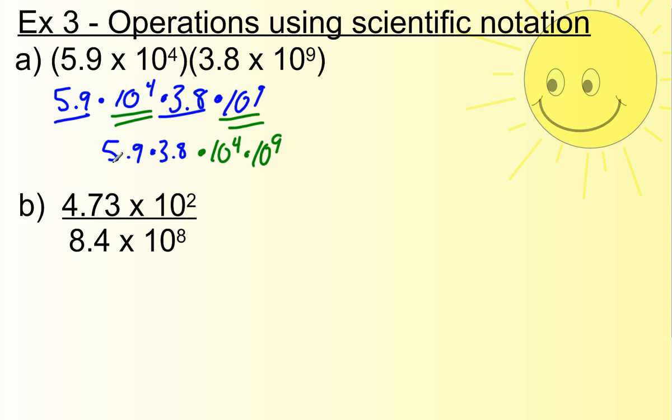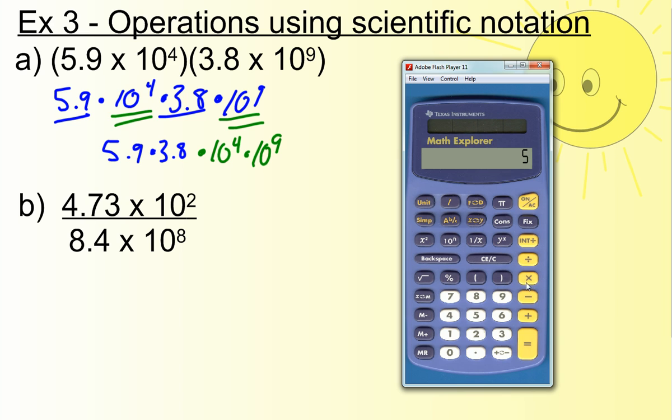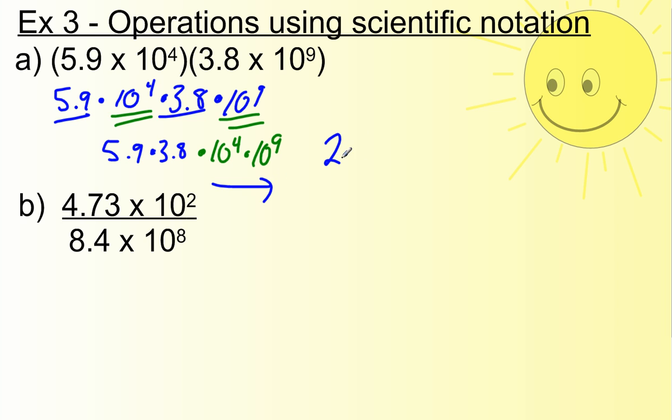So I'm going to multiply the 5.9 times the 3.8. 5.9 times 3.8 equals 22.42. I'm out of space, so I'm going to bump over here. 22.42 times... Now, does this look familiar from the previous lesson?